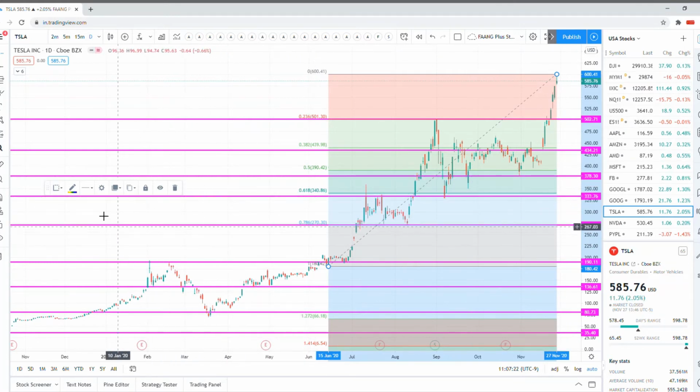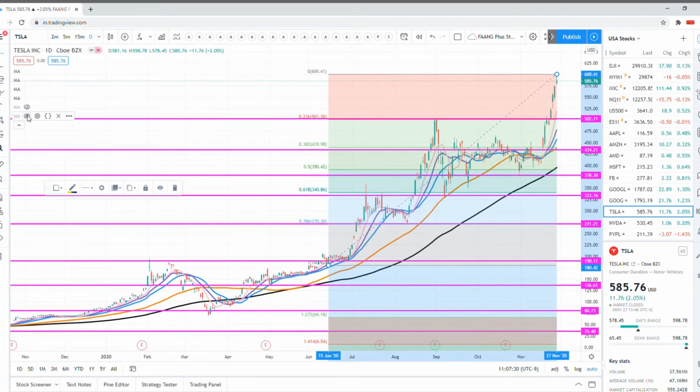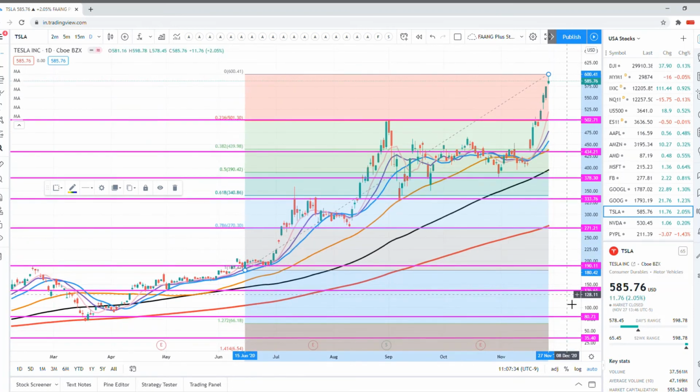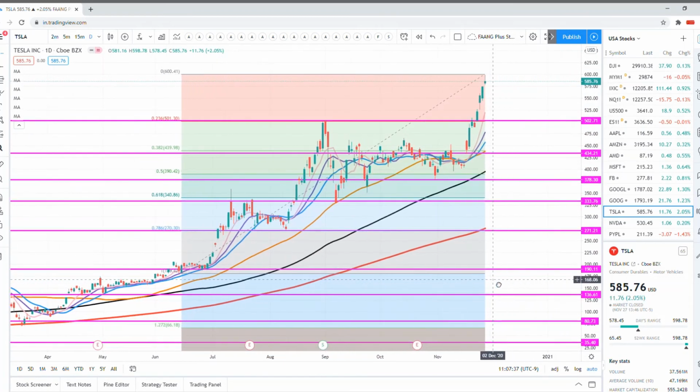Now let's go to the moving averages. According to the moving averages, it is in a huge uptrend, but it has gone far away from the moving averages. So once it goes too far away from the moving average, it has to come back to them.